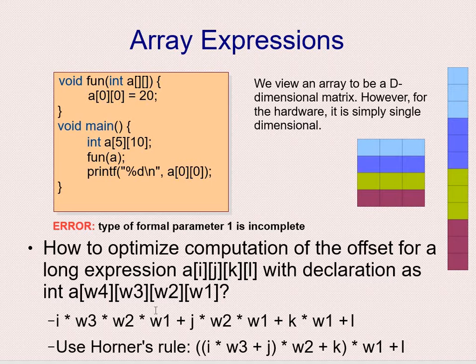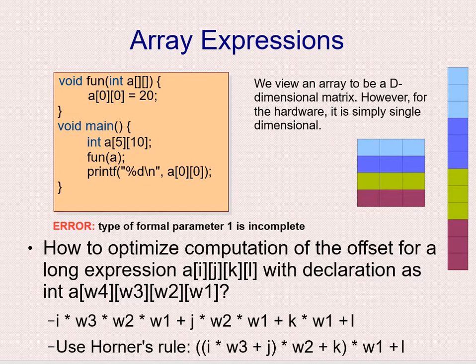We write i * w3 * w2 * w1 + j * w2 * w1 + k * w1 + l. We can optimize this computation using Horner's rule. How? l plus we take w1 common, and find inside this. Again we take w2 common, and in this manner we apply Horner's rule so that we can optimize the computation.